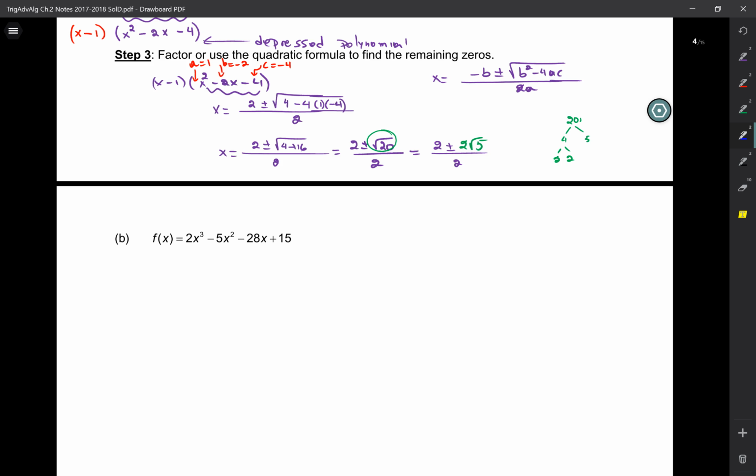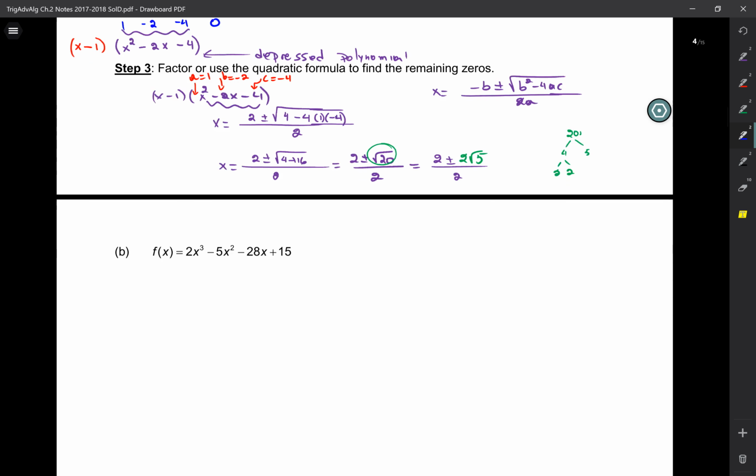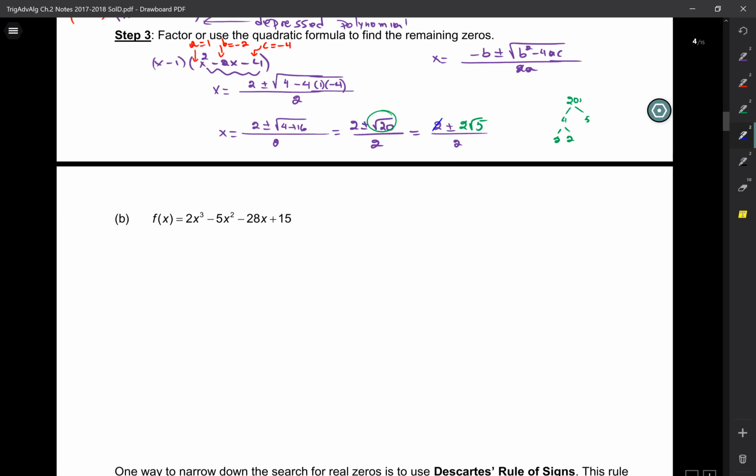If you can divide all 3 by the same number, then you must do it. If you can't divide all 3 by the same number, then you don't touch it. Well, in this case, we can divide this by 2, this by 2, and that by 2, and we get 1s all around. So this is going to be 1 plus or minus root 5. That's the end.